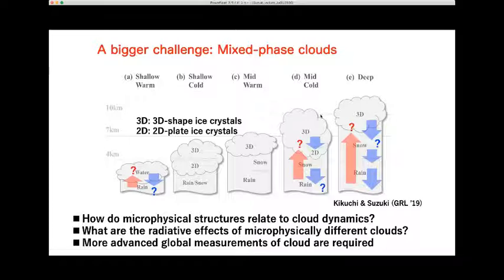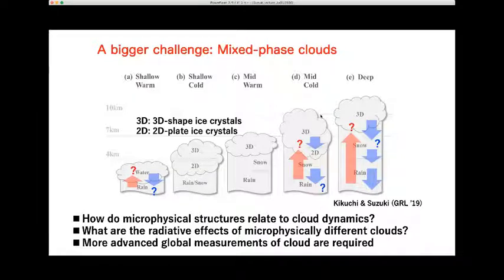But so far in this presentation, I've focused on only liquid phase clouds and the warm rain formation from the clouds. That's actually the easiest part of the whole spectrum of cloud and convection existing on Earth.